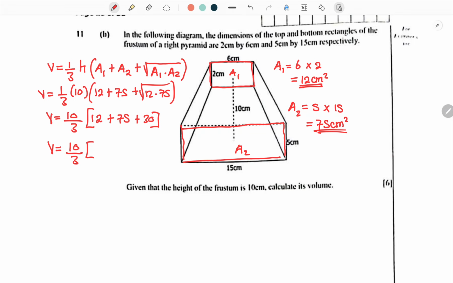So 30 plus 75 plus 12 is giving us 117. Multiplied by 10, divided by 3. And then our volume is going to equal 390 centimeters cubed. And this is just how you solve this particular question.